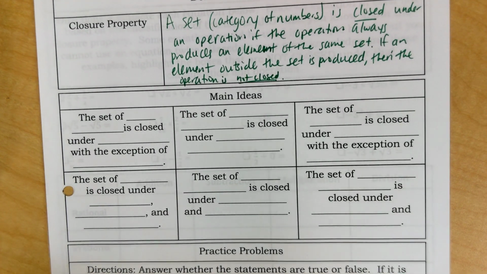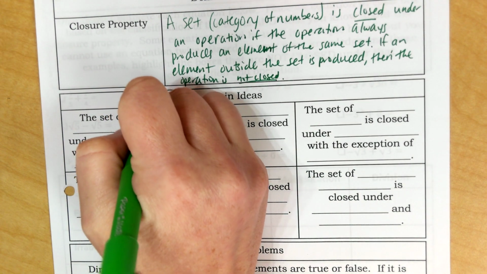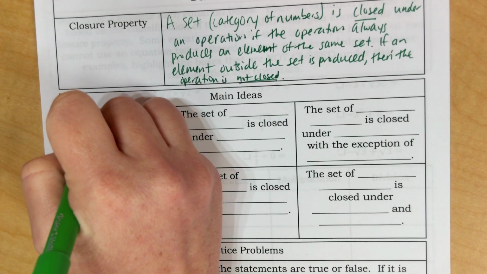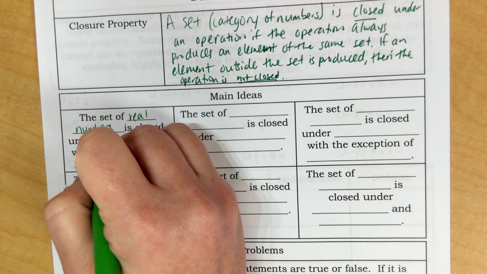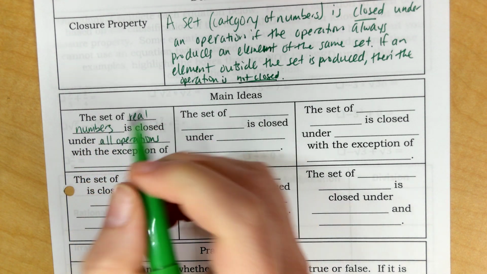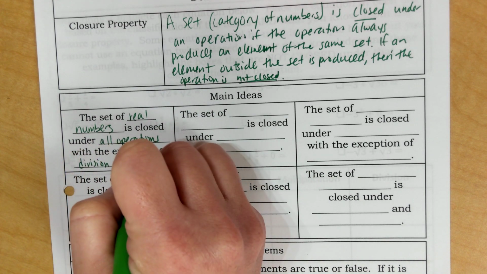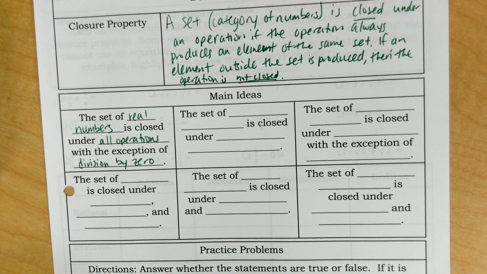So, the closure property in terms of the real number system. The set of real numbers is closed under all operations with the exception of division by 0. It's one small exception that changes things.